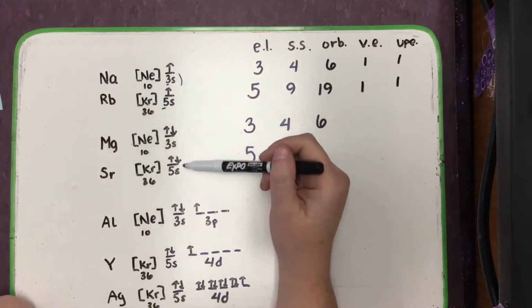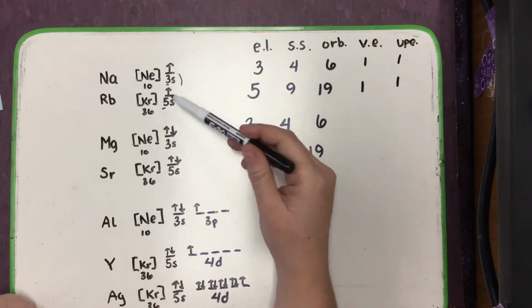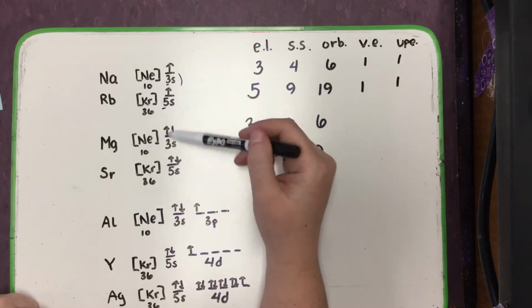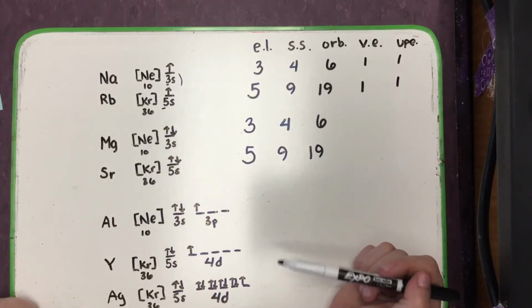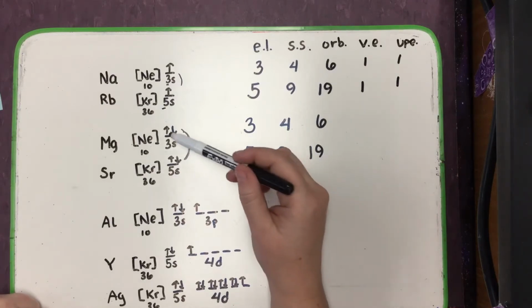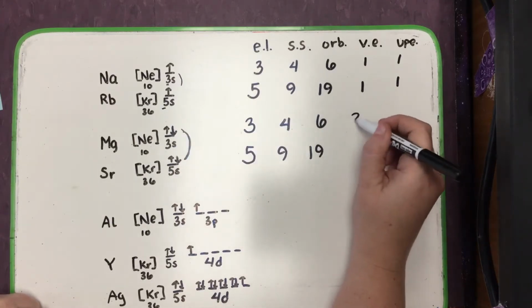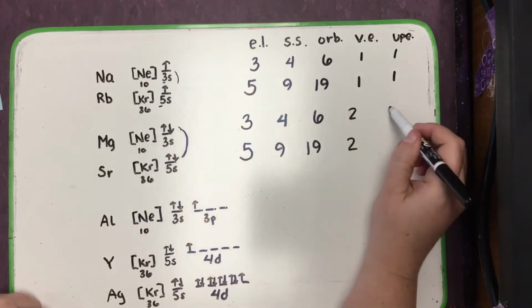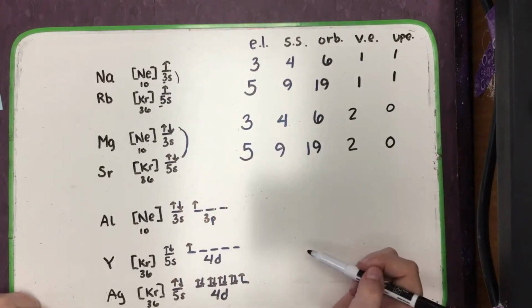Because both sodium and magnesium, as well as rubidium and strontium, were just filling into the same lines that were already there and already occupied, the orbitals didn't change. Valence electrons for each of these, there's 2 arrows above the highest principal quantum number, and unpaired electrons for each of these are going to be 0.